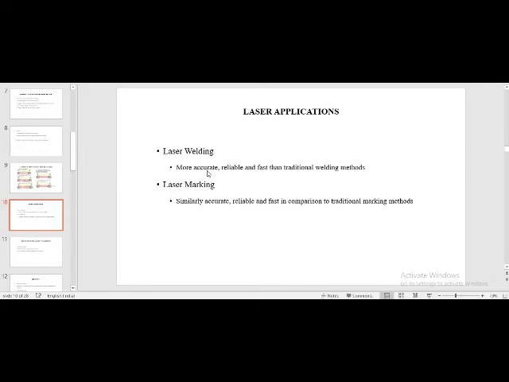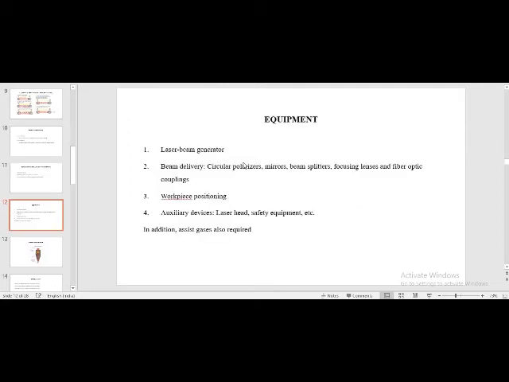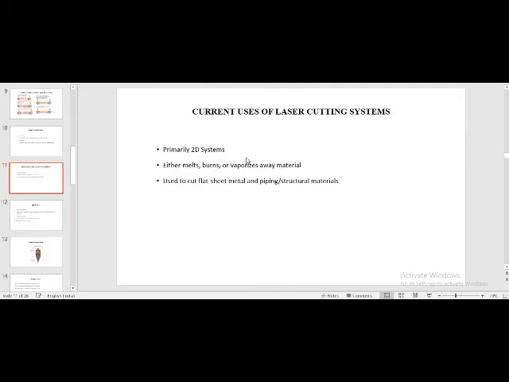So the laser applications are laser welding and laser marking. Laser marking is used to mark, or give a watermark, on any surface which is metal. We can usually put a logo or any identifying mark on our surface. Currently, laser cutting systems are used primarily in 2D systems, where the laser melts, burns, and vaporizes the metal to cut flat sheet metal and piping.